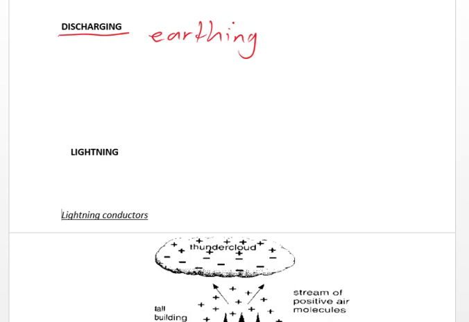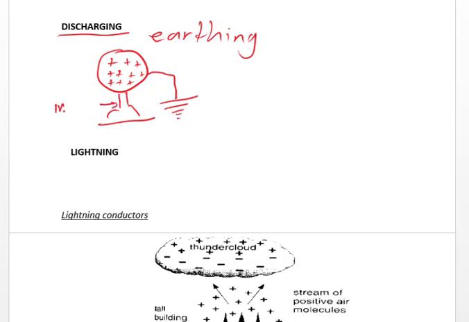So, if for example we have a charged object like this, and we connect a conductor to the earth like this, we call it earthing.